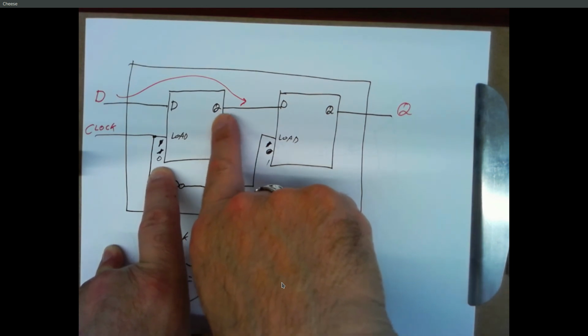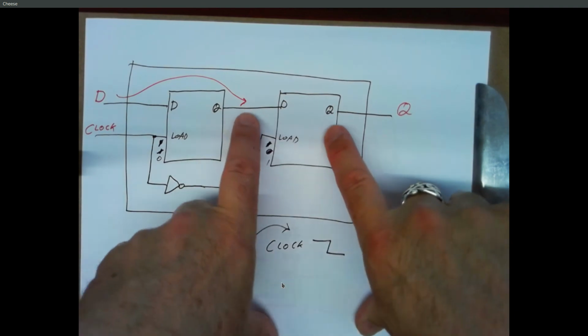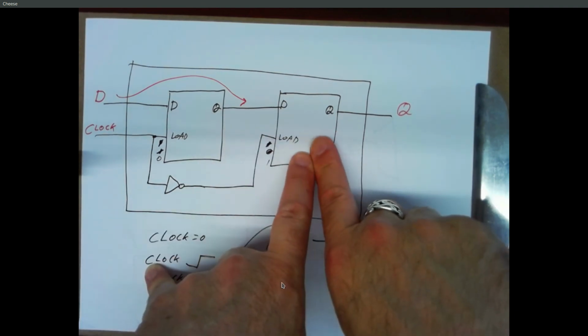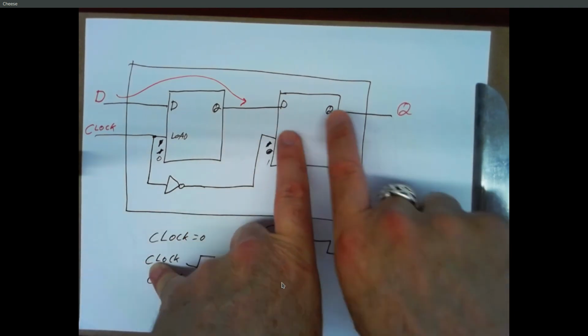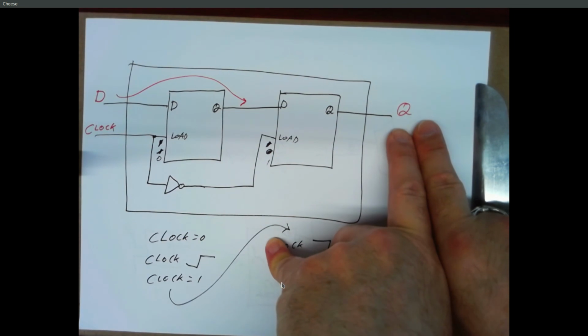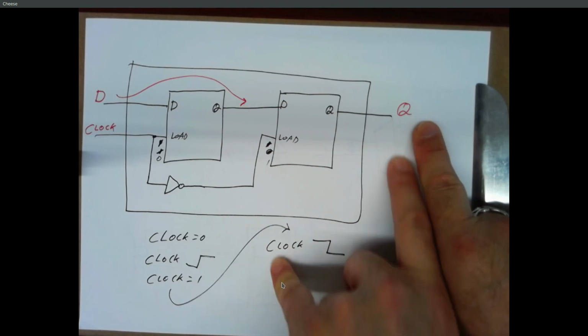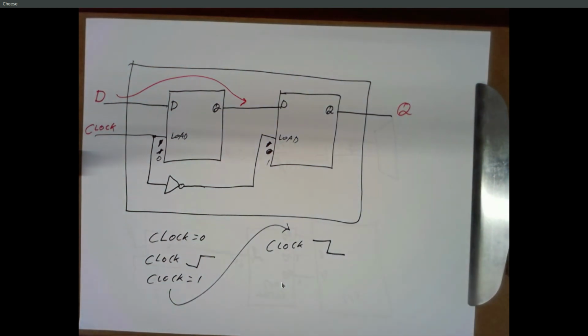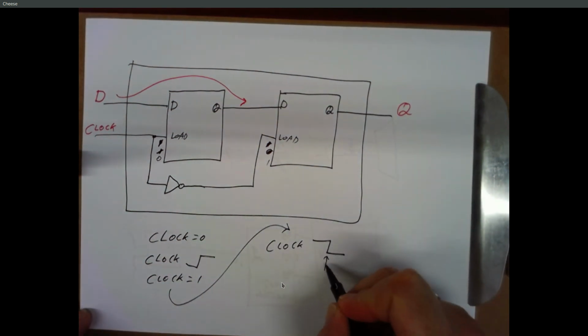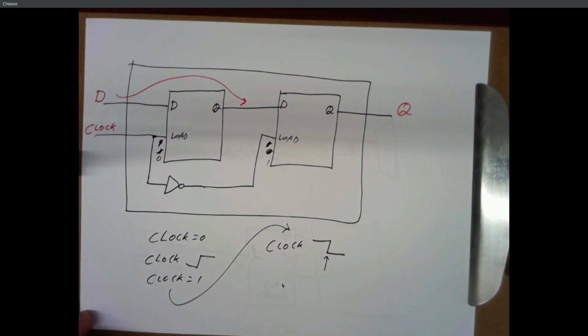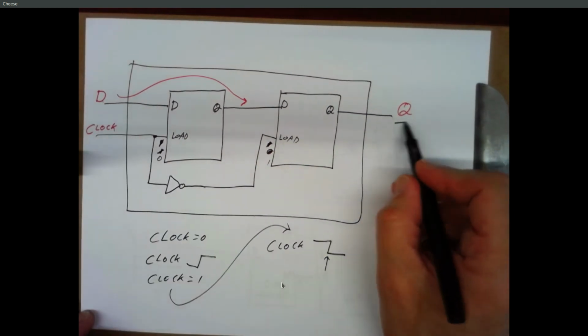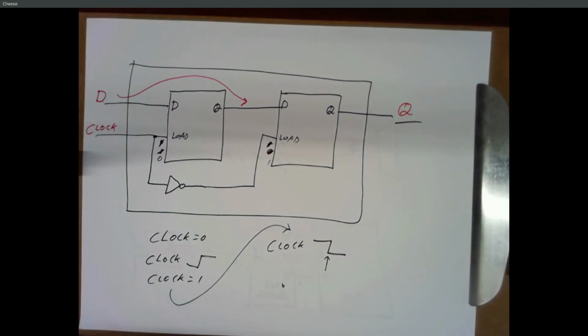But whatever that value is, which has been coming out on Q, now, since this latch has a load input of 1, that D value is going to get sent to its output. And now Q is going to change. So at this moment, where the clock drops from 1 to 0, whatever value we have on D, that's going to get sent to the Q output.